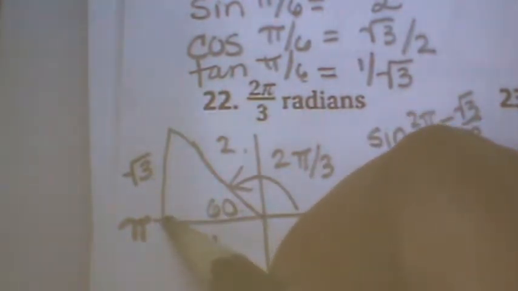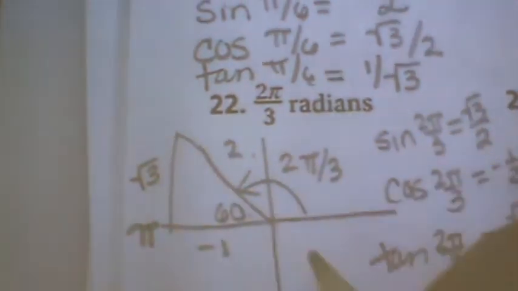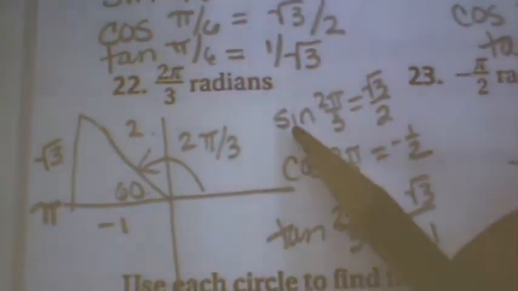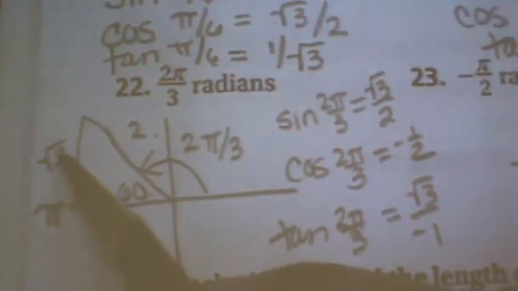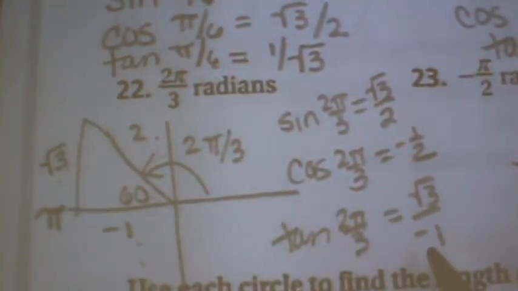In quadrant 2, the x value is negative and the y value is positive. That's why I named this side negative 1 and this root 3. Now, what's the sine of 2 pi over 3? It'd be root 3 over 2. Cosine would be negative 1/2, and tangent would be root 3 over negative 1.